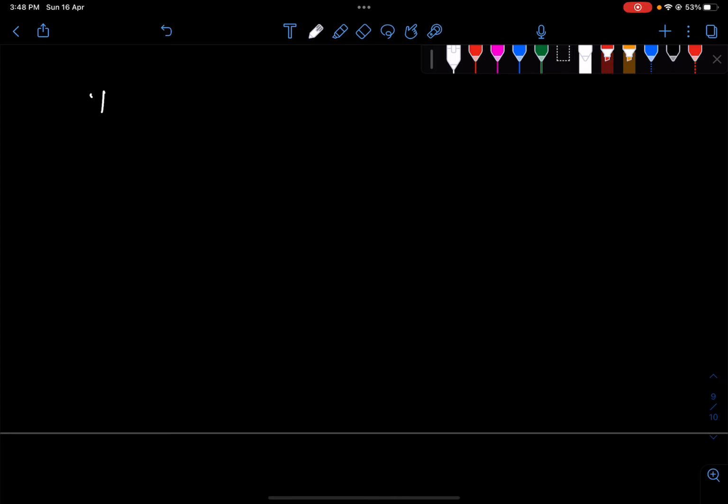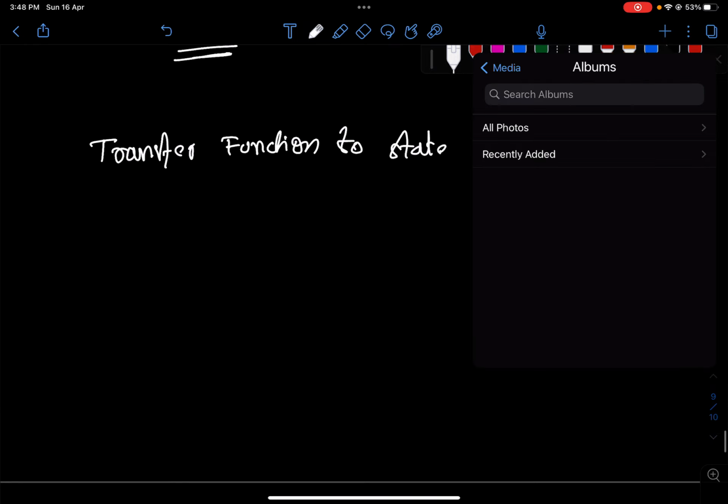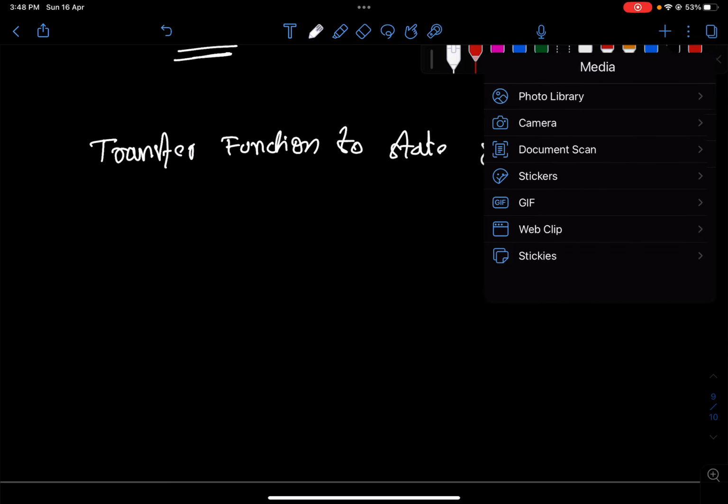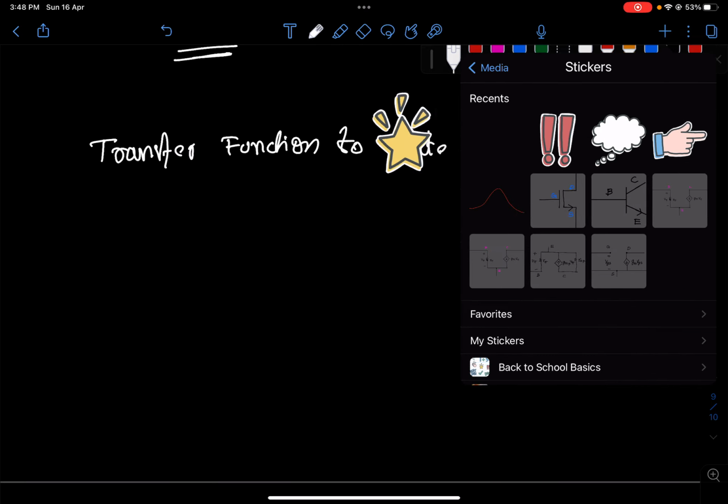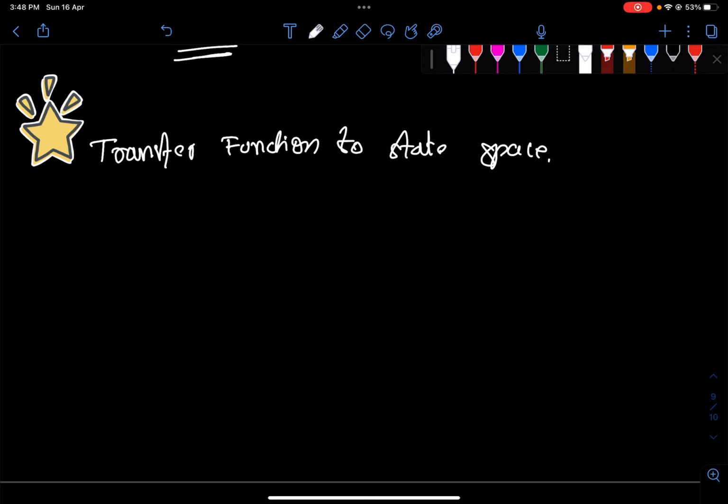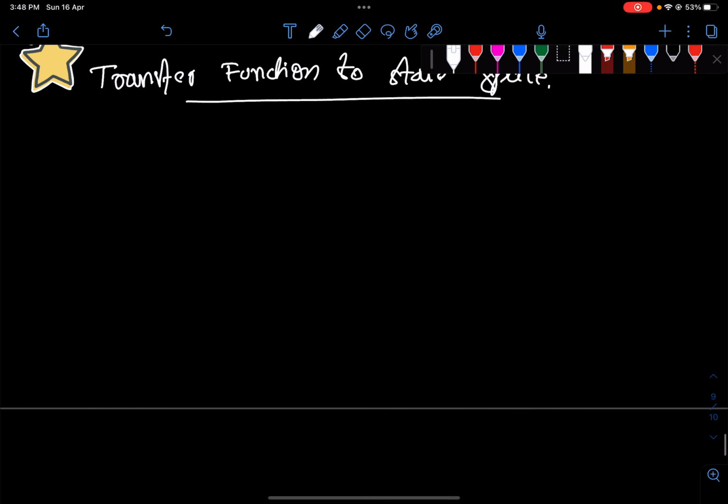So next is transfer function to state space. Okay, we will deal with it, no issues. We may take one general example and conclude that.